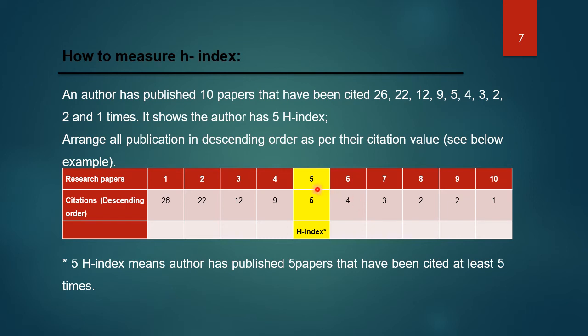That means 5 papers have been cited at least 5 times. So we conclude that 5 is the H index value of that particular author. That means the author has published 5 papers that have been cited at least 5 times.